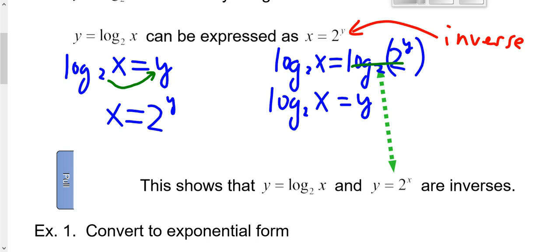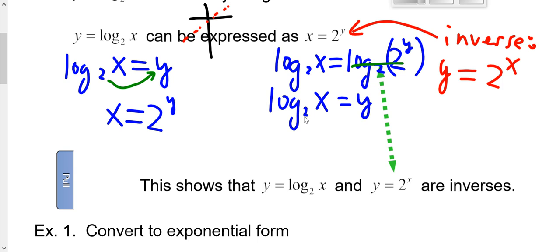I'll just do a quick review here. This is the reflection line. You have a graph here, you have a graph here, something like that. So the inverse is swapping x and y. If you swap the x and the y, instead of having x equals 2 raised to the power of y, you have y equals 2 raised to the power of x. So this is actually the inverse of this. We'll graph this in a second.